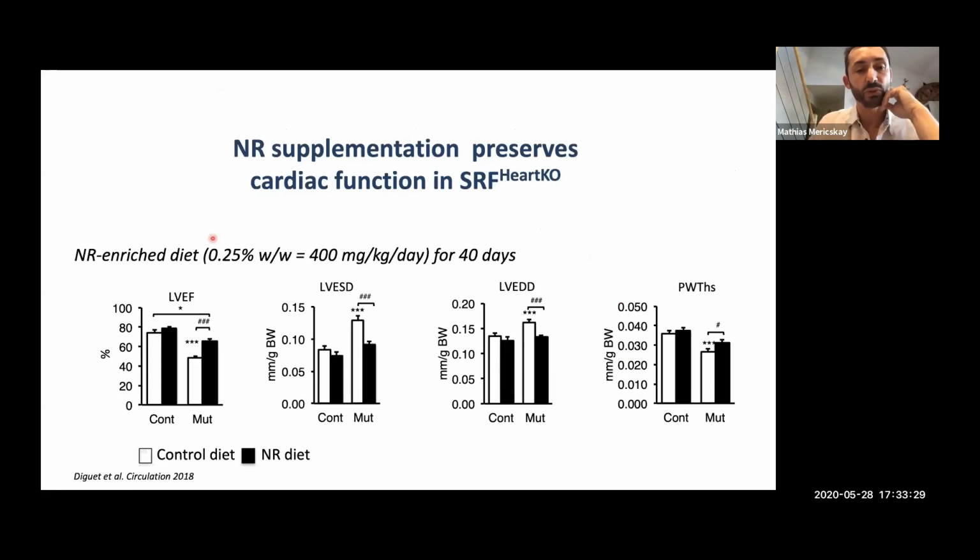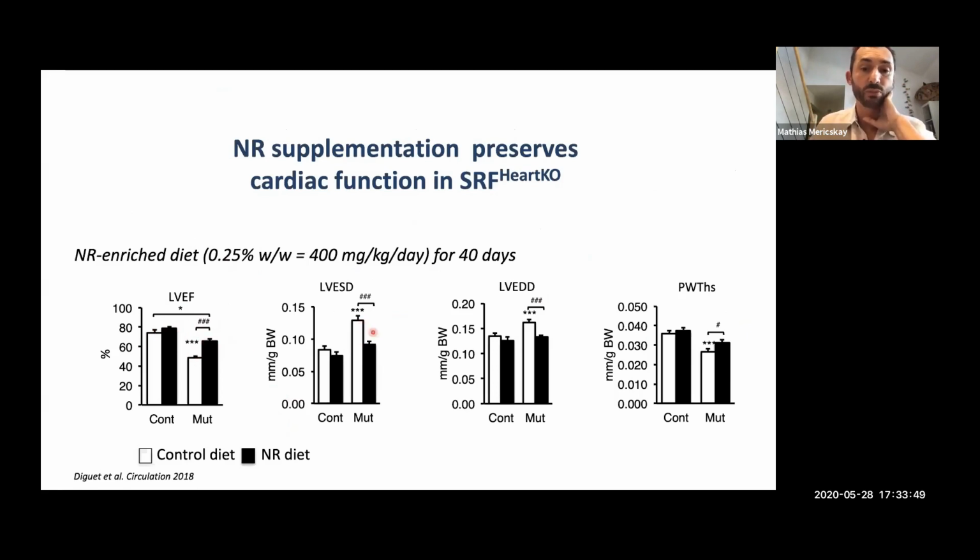And on top of that, an important question was, of course, the impact on the cardiac function, and very nicely, this NR diet was able to preserve left ventricular ejection fraction almost to normal. There was still a slight difference with control, but it was a nice preservation, above 60%.